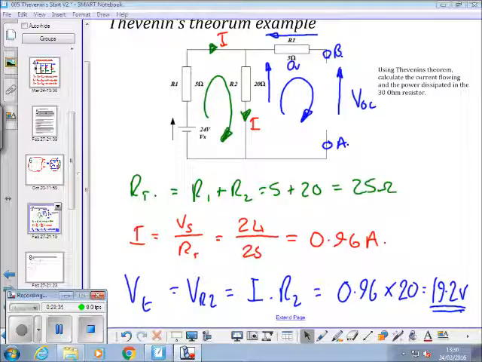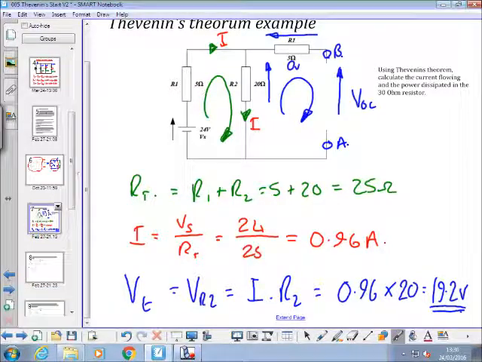So what we've looked at here is we've found with the open circuit terminals over here, we've calculated the total resistance with the circuit open at the terminals A and B, 25 ohms. So that's the two resistors R1 and R2 in series.